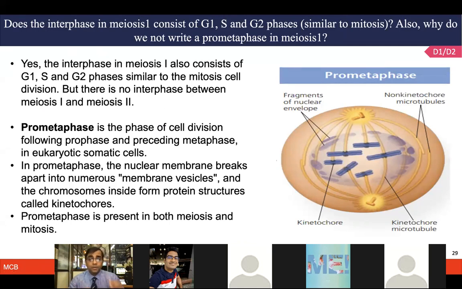As I already reminded you, before meiosis 2 there is not going to be another round of interphase. Interphase happens only once. So that takes care of your first query. Prometaphase is actually formed in both meiosis and mitosis, and it helps all the chromosome and chromatid material come onto the metaphase plate, and that is common here as well.